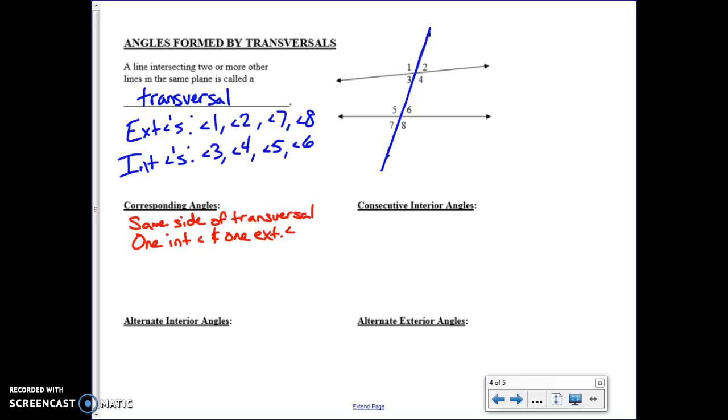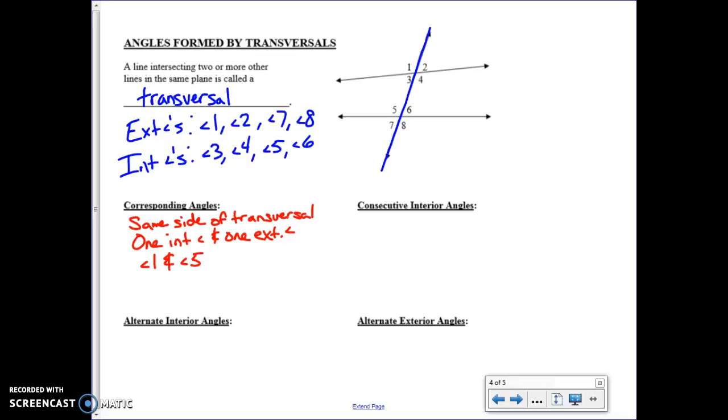So on the same side of the transversal means I'm looking at angles 1, 3, 5, and 7. So for one of my pairs, if I pick angle 1, that's an exterior angle. Its corresponding angle would be angle 5.